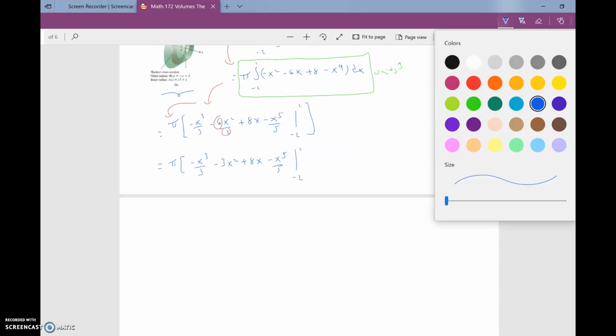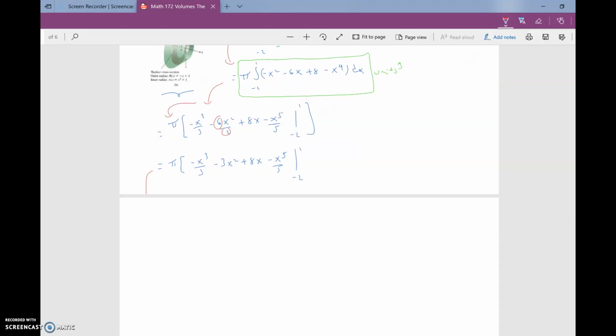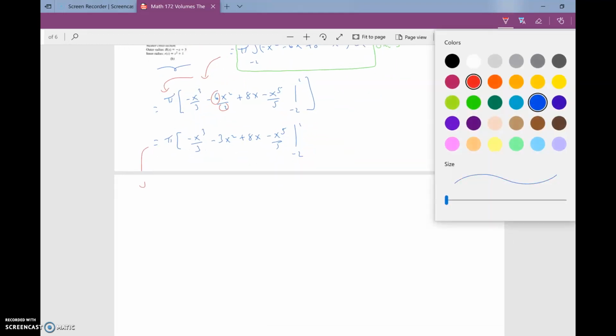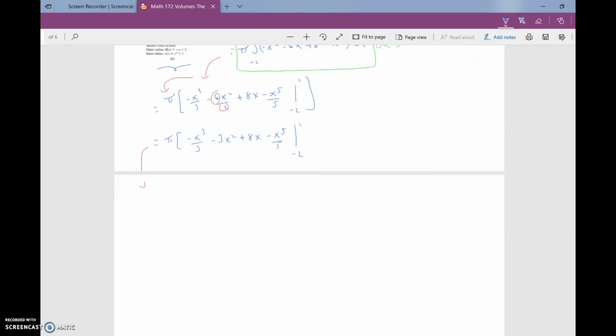Okay, so let's plug in the bounds and see if any of these values happen to cancel. So we still have that this is equal to pi times, and we're going to plug in the 1. So this will just give us a negative 1 to the third divided by 3 minus 3 times 1 plus 8 times 1 minus 1 to the fifth divided by 5.